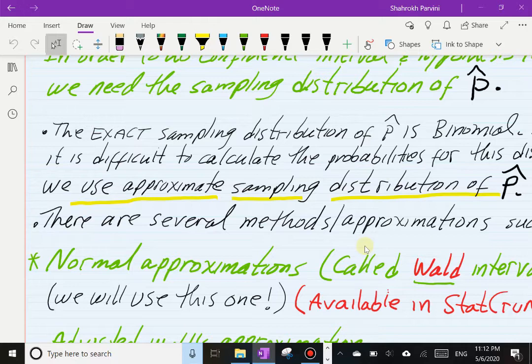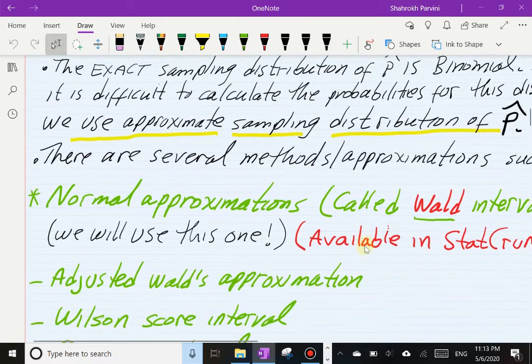Unfortunately he died at the age of 48 in a plane crash. If I remember correctly, he was flying over parts of India because he used to go on lecture tours. On one of these lecture tours, he and I believe his wife both passed in a plane crash. But anyways, we're using this procedure, Abraham Wald's, and using normal approximation.